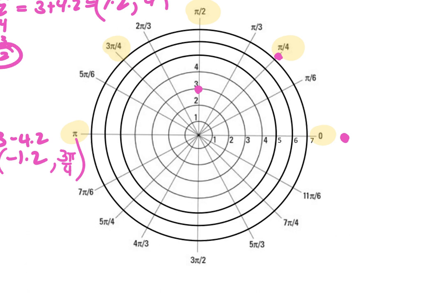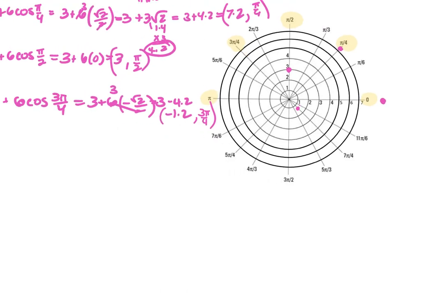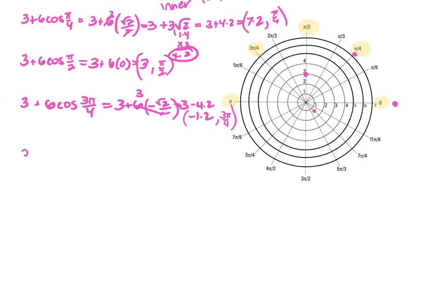So instead of going along 3 pi over 4, I'm actually going to end up along 7 pi over 4. Then I go to my next one, which is pi. 3 plus 6 cosine pi. 3 plus 6 times cosine at pi, which is negative 1. 3 minus 6 is negative 3.